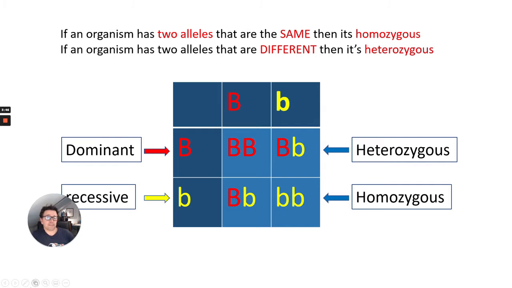Whereas if an organism has two alleles that are different, then it's heterozygous. So in this case, you can see heterozygous pointing to the big B, little b, and homozygous to the little b, and the big B. And you'll notice dominant is capital letter, recessive is lowercase.